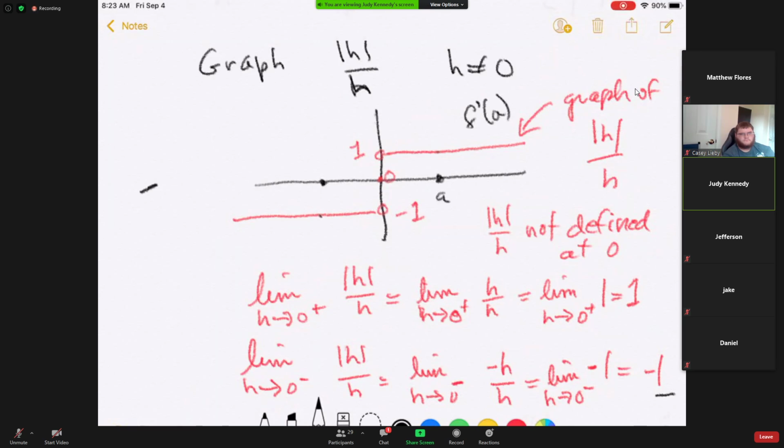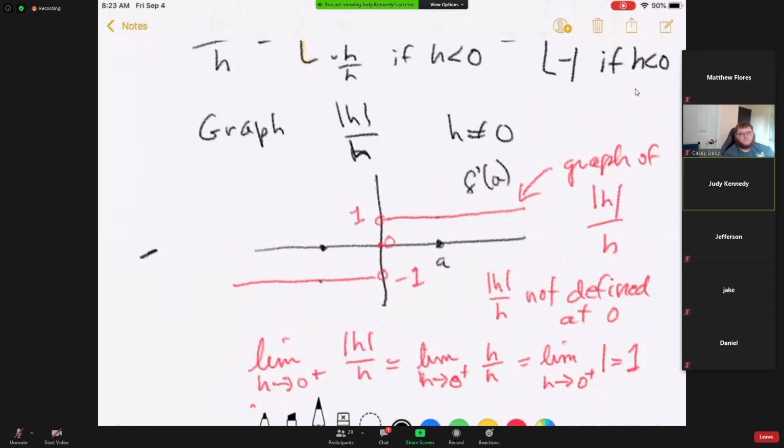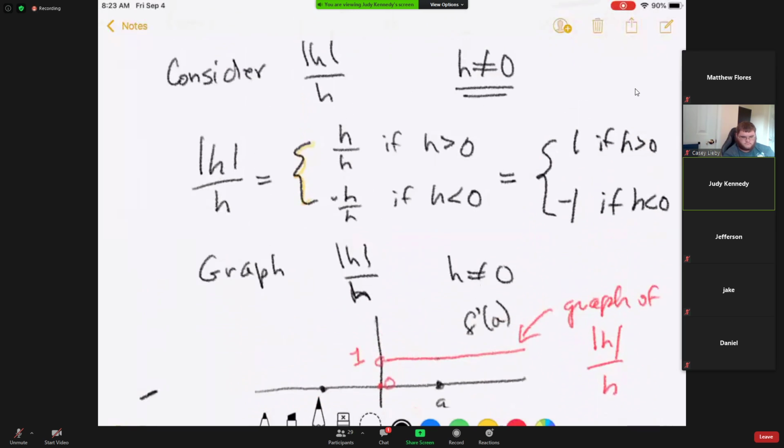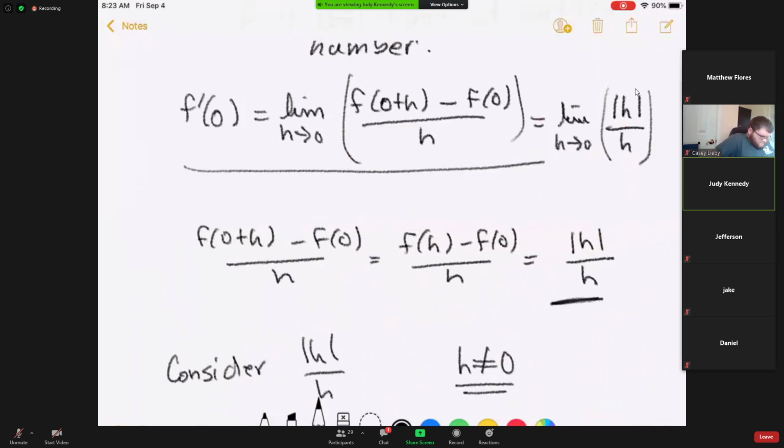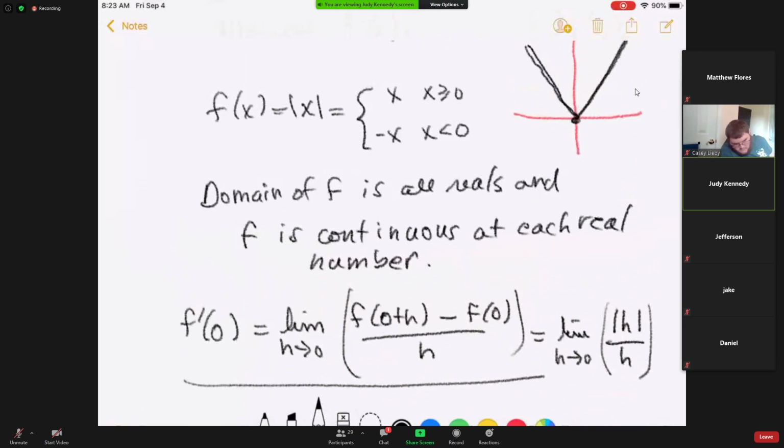So some continuous functions fail to have derivatives at some places. For us, these places won't be that numerous. A dead giveaway is if you have a corner like this, or a cusp, a graph that looks like that.